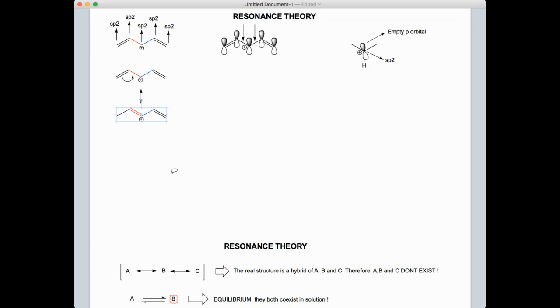If I show a double bond there, clearly by using this curved arrow, this carbon here is going to be left with three bonds, so this carbon is going to be positively charged. And the second structure is going to show the double bond in the blue bond because that is also missing.